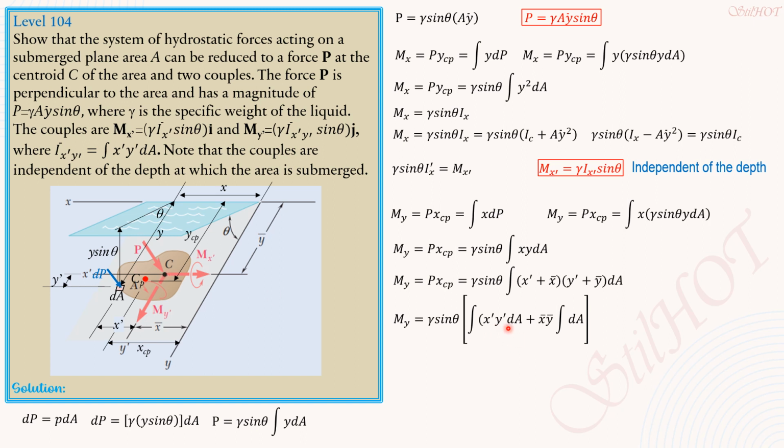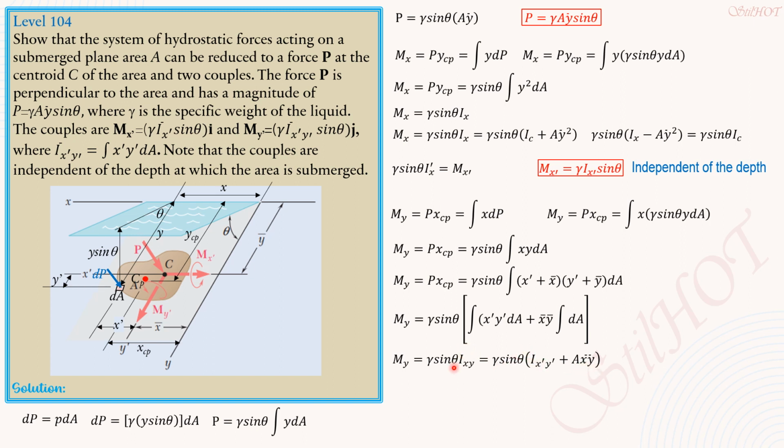So the integral of x prime y prime dA is simply Ix prime y prime, and of course this one is area times barred x barred y. So My equals gamma sine theta times the quantity Ixy, which is the integral of xy dA. Then this is equal to Ix prime y prime plus area barred x barred y.